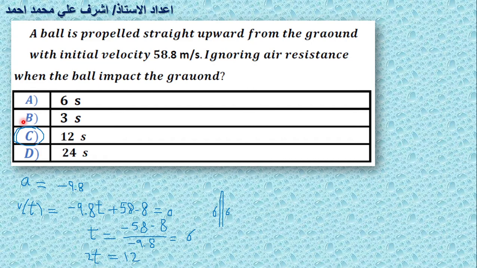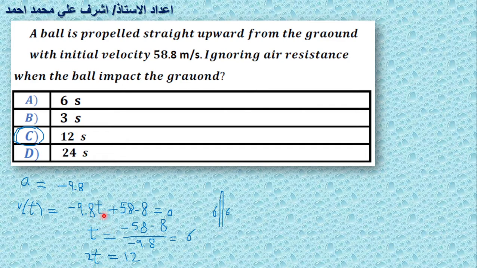When it returns to the ground, it takes two parts, up and down. When this ball reaches the peak, its velocity equals 0, then it returns back.